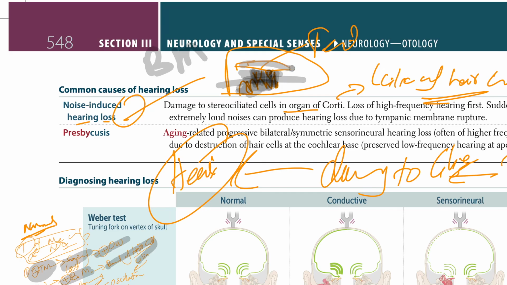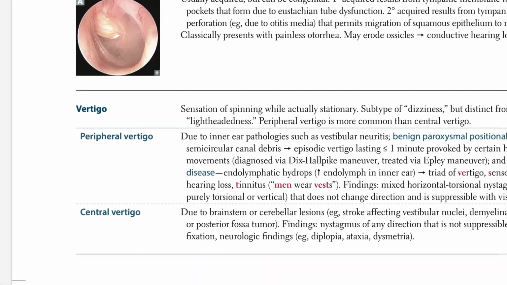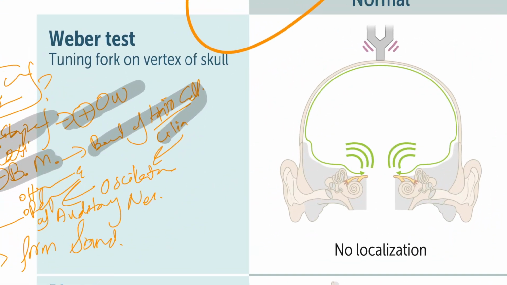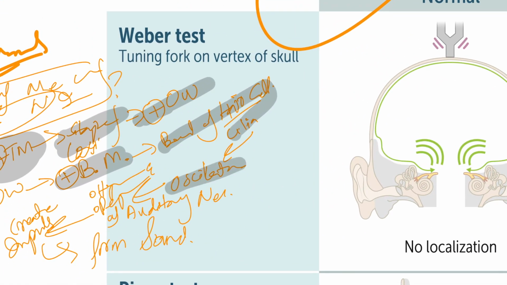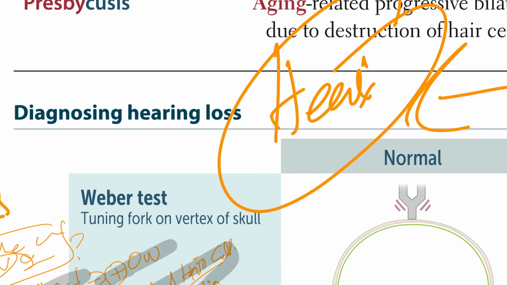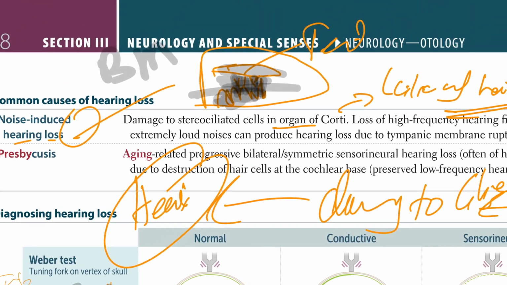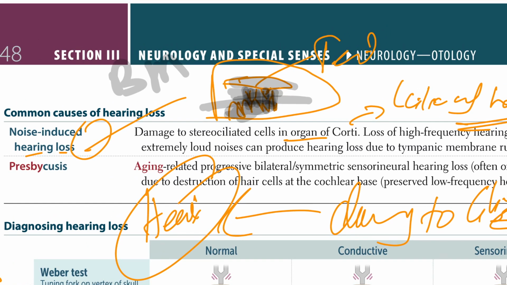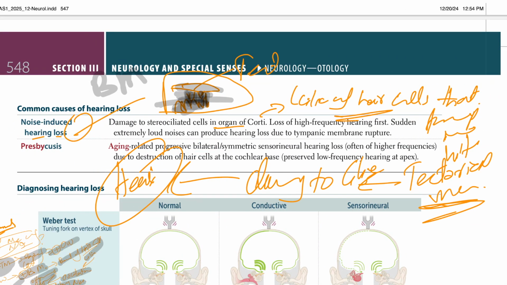When they move, there's a tectorial membrane which also moves accordingly. The cilia oscillate, leading to hyperpolarization and depolarization of the auditory nerve, and that is going to create an impulse that is going to form the sound. That's the whole thing. So now here, for noise-induced hearing loss, we said that the cilia of the hair cells are going to keep hitting on this tectorial membrane.